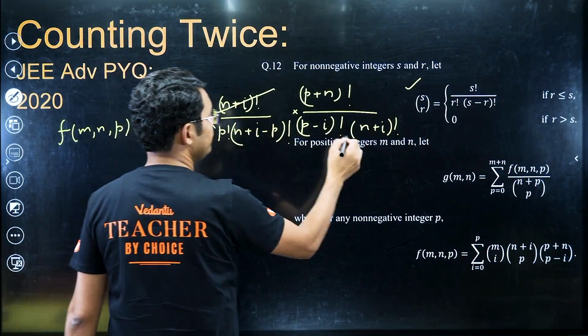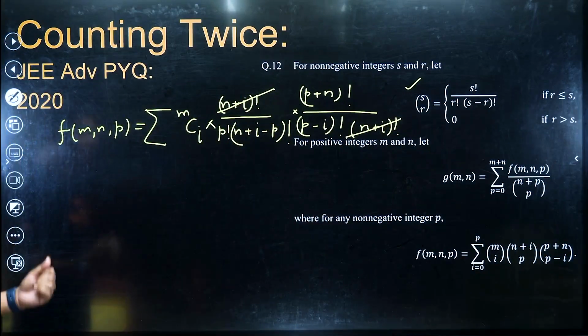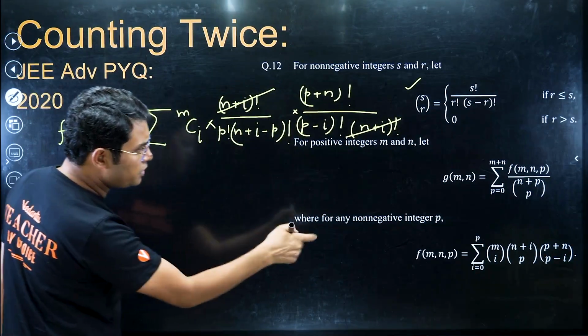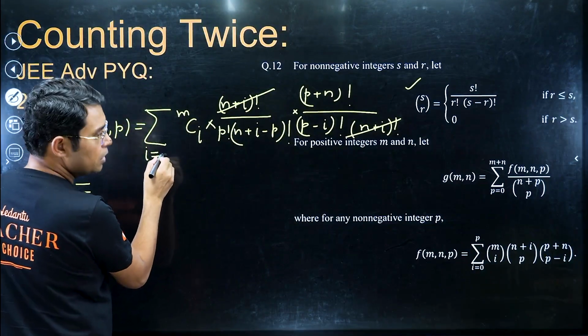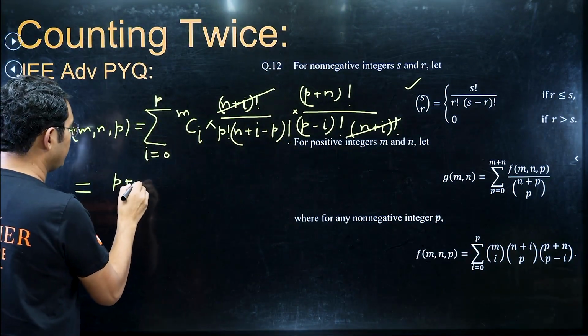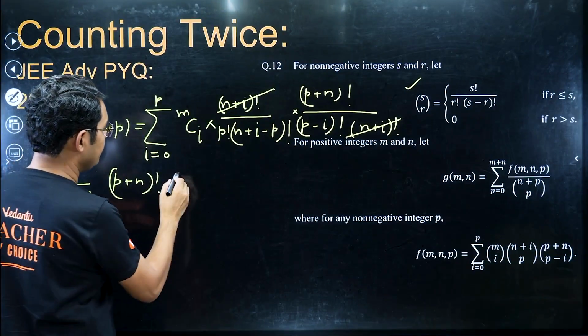Okay, this (n plus i) factorial and (n plus i) factorial are getting cancelled. Now here p plus n, because this summation is for i equal to 0 to p, you can bring this (p plus n) factorial outside.